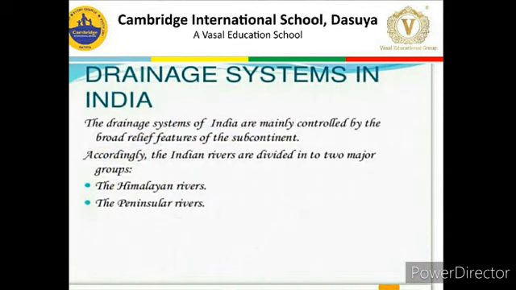As you have studied all about river and its concept, tributary, distributary, courses of river, river basin or drainage basin, water divide. Now let's talk about the drainage system in India. The drainage systems of India are mainly controlled by the broad relief feature of the subcontinent.